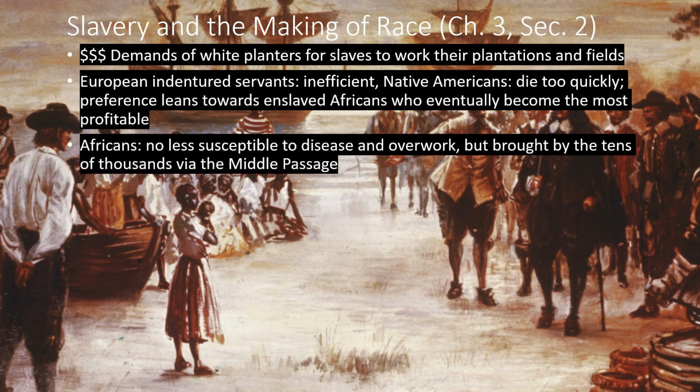One thing I do want to point out is that the Africans who were enslaved were no less susceptible to disease and overwork. But what the white planter class had in terms of an advantage was that they were brought by the tens of thousands and eventually by the millions to the Americas via the Middle Passage.